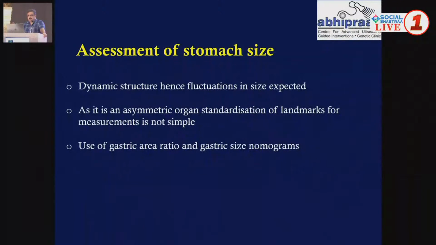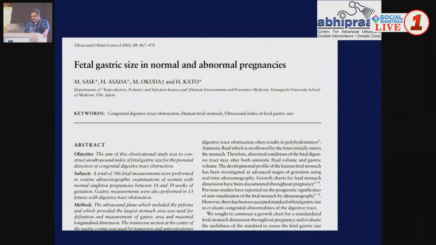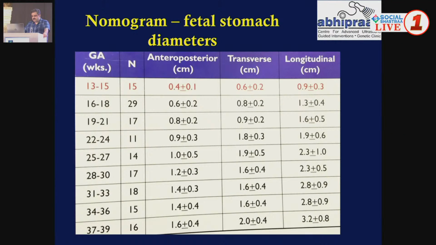Because it's a dynamic structure, it can contract, it can distend with the fetal swallowing, and the fluctuations are therefore expected. Moreover, because it's an asymmetric organ, standardization of landmarks for measurement is not simple, and therefore we use gastric area ratios and the size nomograms to see whether the stomach is above the 95th percentile or really small.